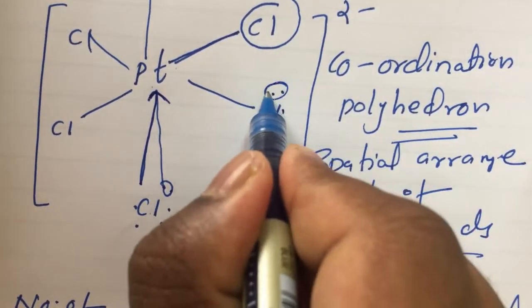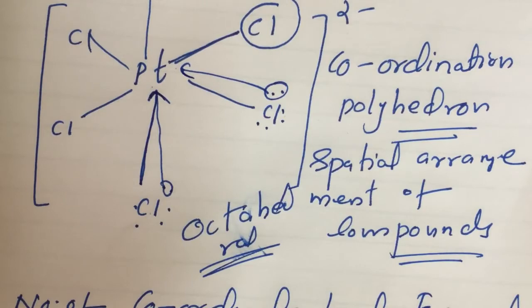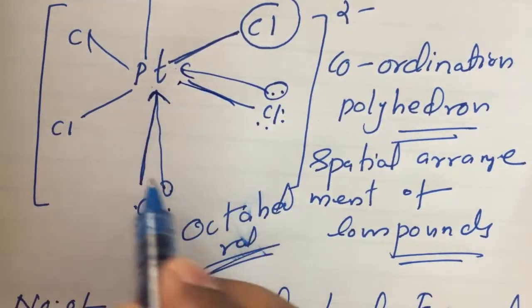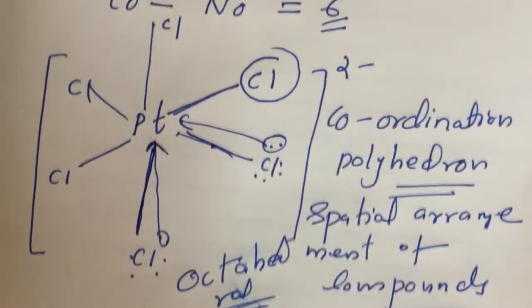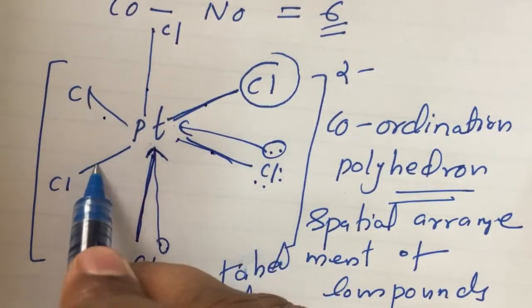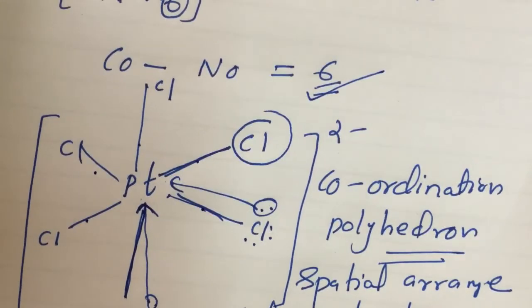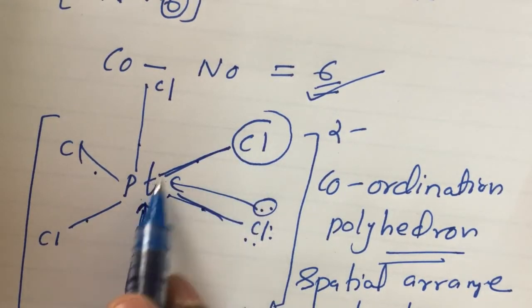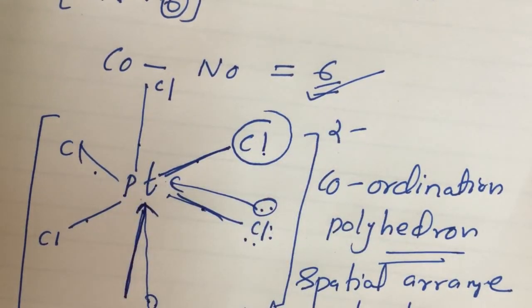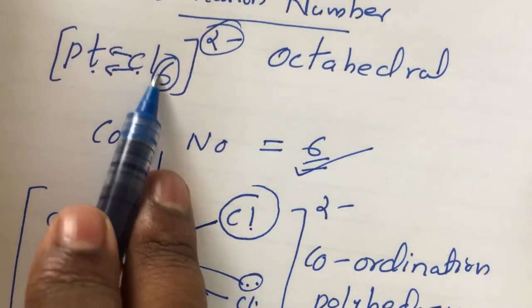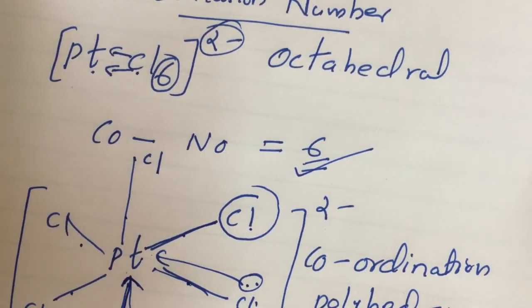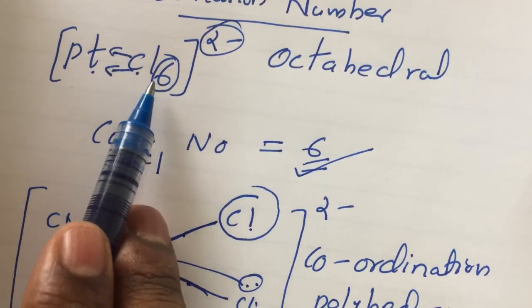Out of 3 pairs, 1 pair will be donated to the vacant orbital of platinum and form a coordinate bond. So how many coordinate bonds here? 2. Now 3, 4, 5, 6. So the number of coordinate bonds between the metal and ligands is called the coordination number. Or simply we can say the number of ligands around it. But in all cases it's not true.